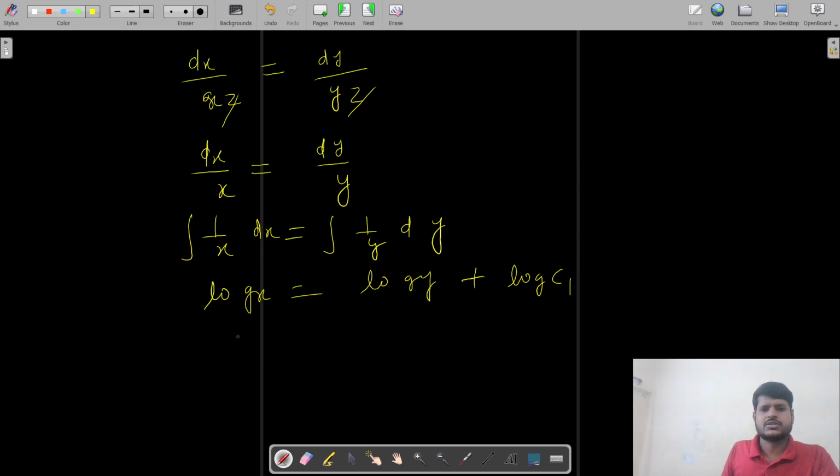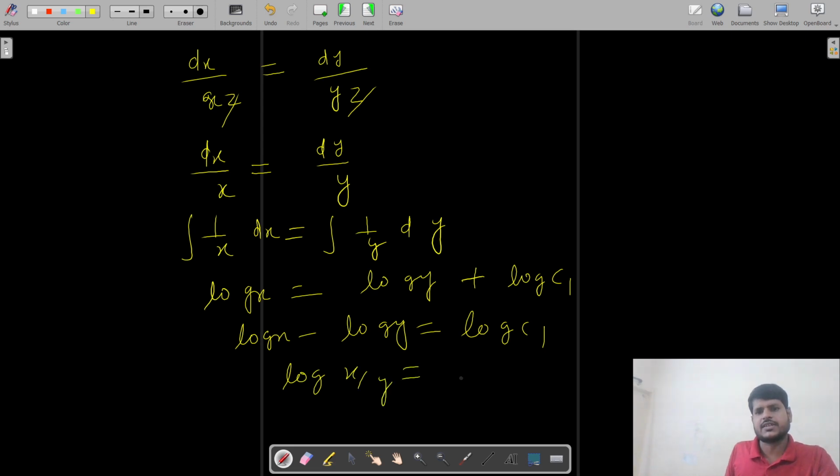So log x minus log y is equal to log c1. Now you can use the formula, we can write log x upon y equals log c1. Now take the anti-log. After taking the anti-log, you can write x upon y is equal to c1. This is equation 1.